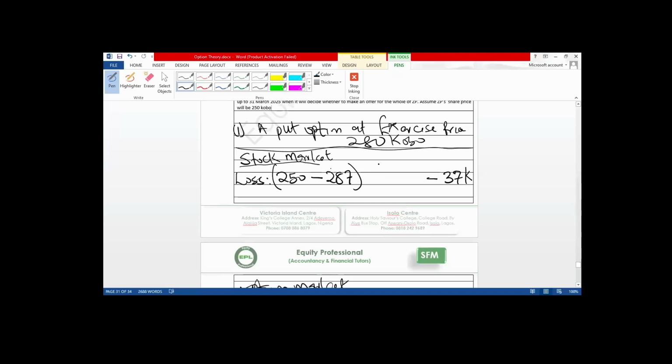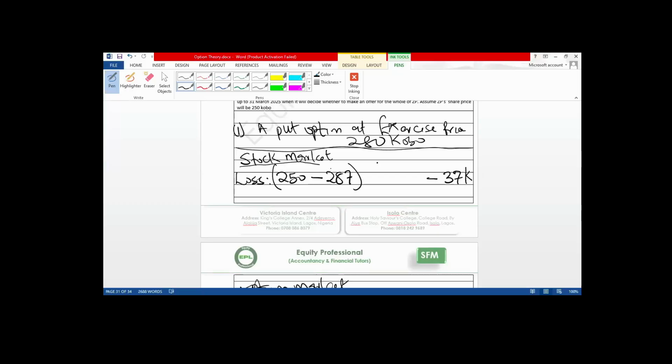If in 3 months' time, that is March ending, the share price happens to be 250, will you exercise your right to sell or not?